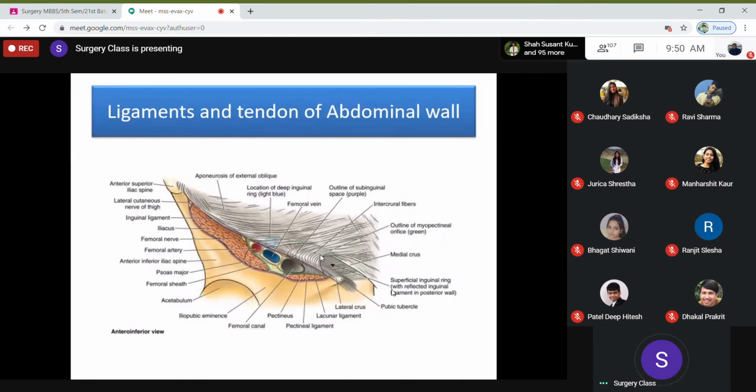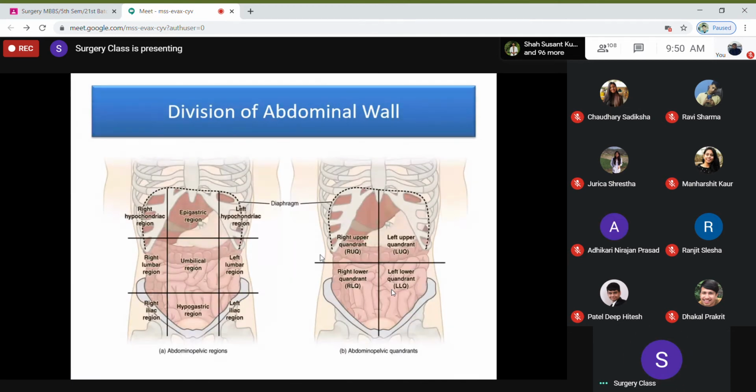Okay. Now, this is very important: many times when the examiner asks you about the divisions of the abdominal wall, you always get confused. Basically, the abdomen can be divided in two ways.